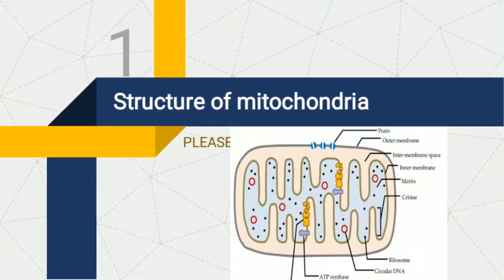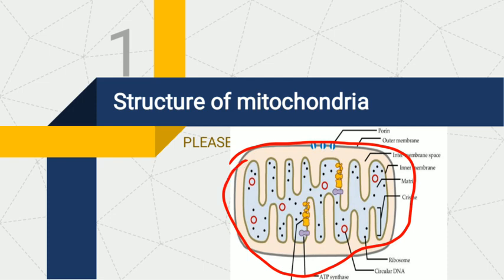Now, this image contains the structure of the mitochondria. You can see it has an outer membrane. It also has another membrane that is folded. Hope you can see it is folded.